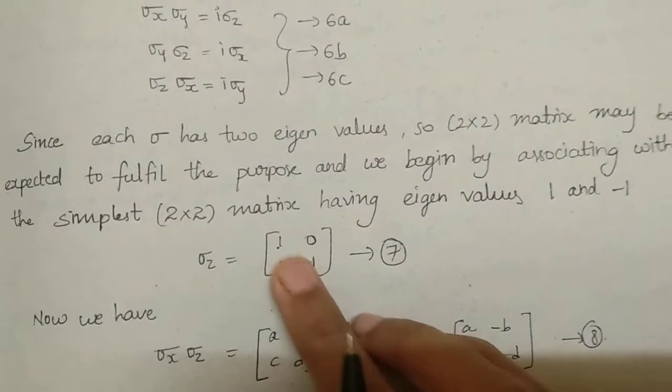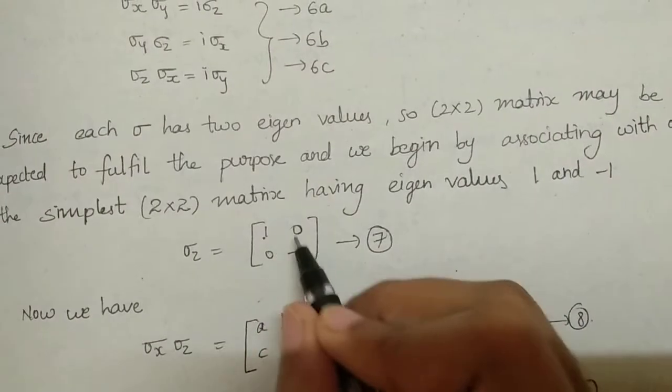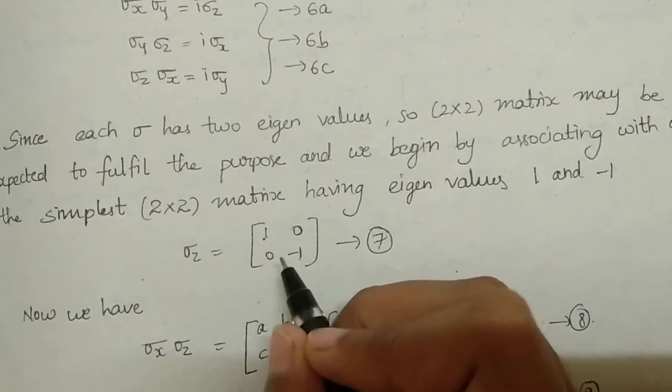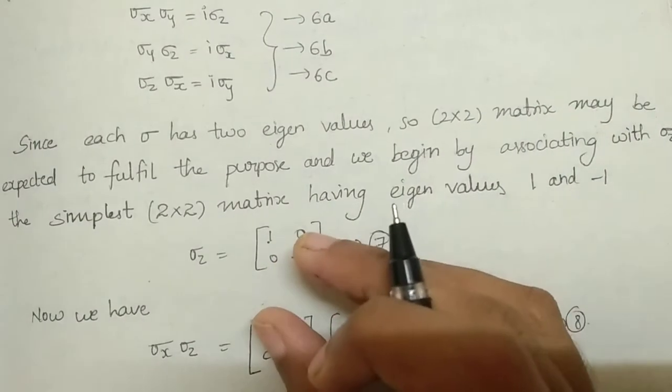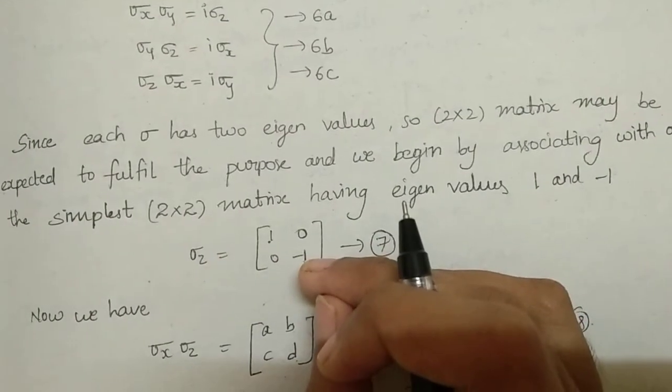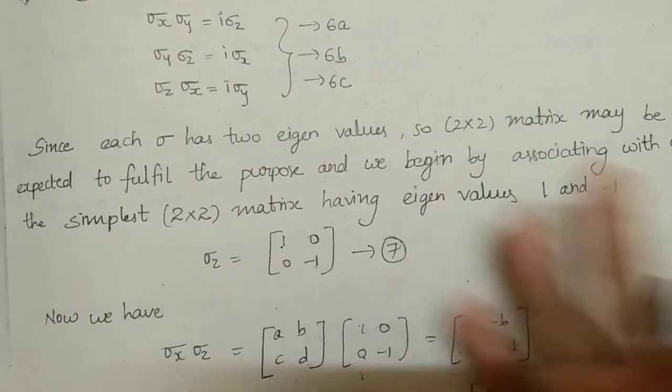Also if we cross check the determinant of this matrix, ad minus bc, it is minus 1 minus 0, which is minus 1. The determinant of a matrix is always equal to the product of its eigenvalues. Here the eigenvalues are 1 and minus 1, so 1 into minus 1 is nothing but minus 1.